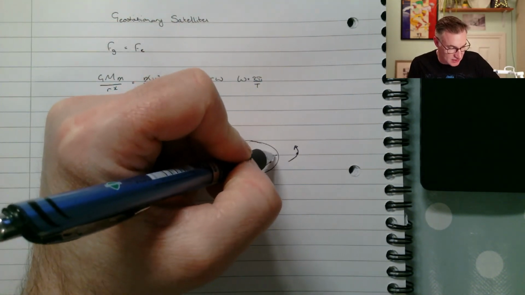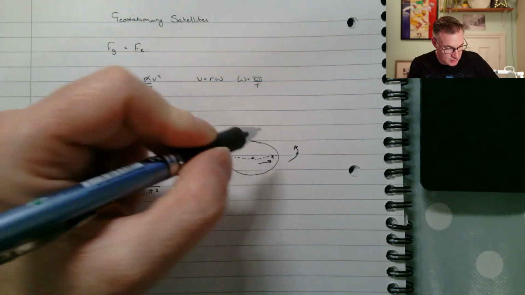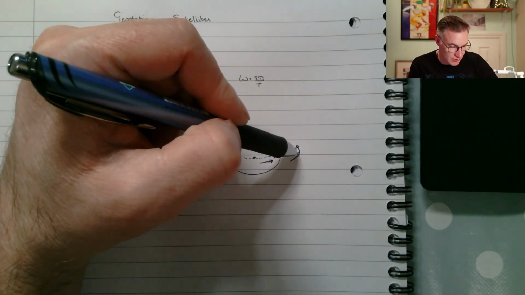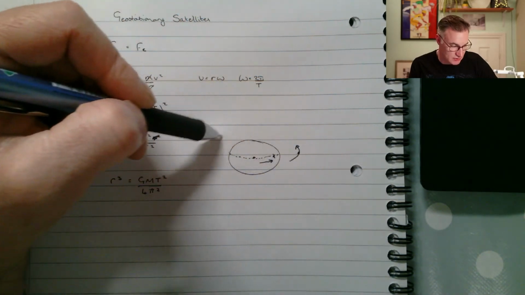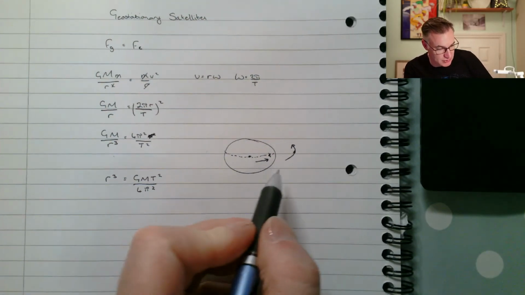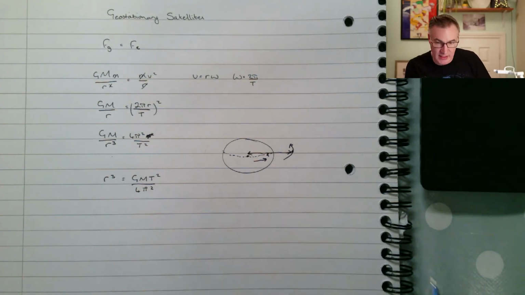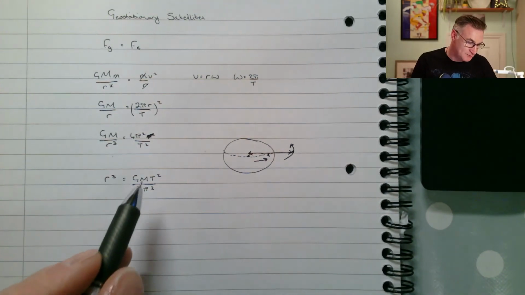And if it takes 24 hours to make one full revolution, we need this to take 24 hours to make that one full revolution. And so the distance for that to happen, that's what we're looking for.